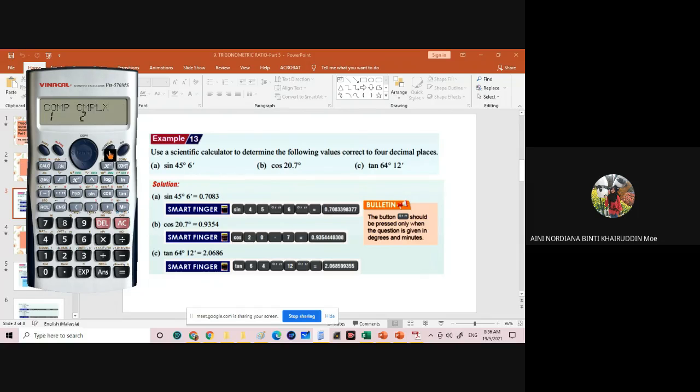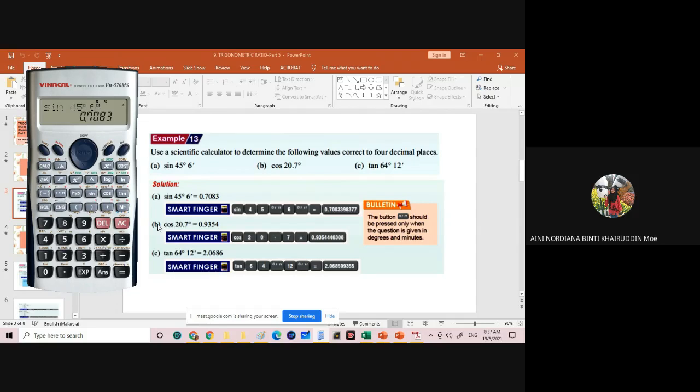Just press mode 1, 2, 3, 4, 5 times, and then choose Fix. Fix is for rounding off to decimal places, so press 1. Then the calculator asks you 0 to 9, meaning how many decimal places you want. We want 4, so press 4. Then the calculator will give you the answer correct to 4 decimal places.